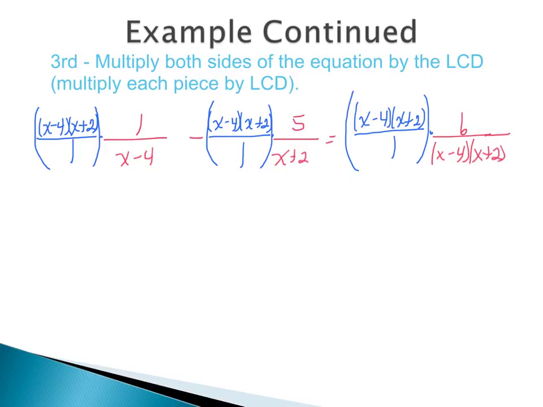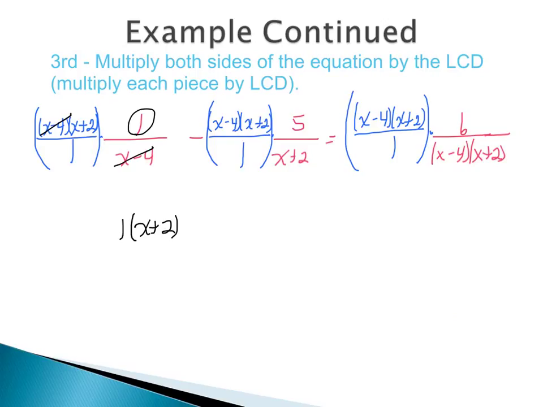From here, then, we want to actually cancel. The whole idea, again, is to get rid of our fractions. So what happens within each individual part, we're going to reduce. So I can cancel out the x minus 4 and the x minus 4. So that way we are just left with, I'm going to put that 1 that was in the numerator in front, so we have 1 times x plus 2. Same idea happens with our next grouping.